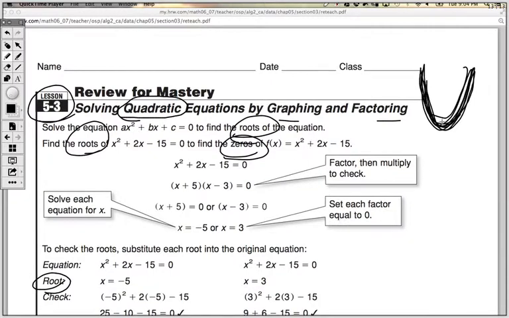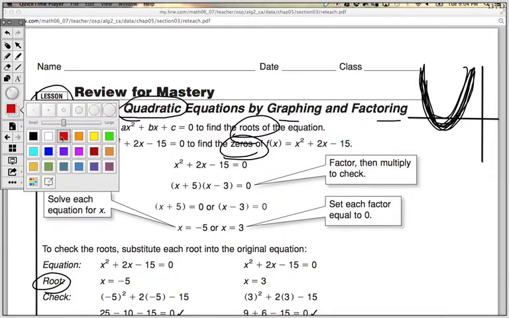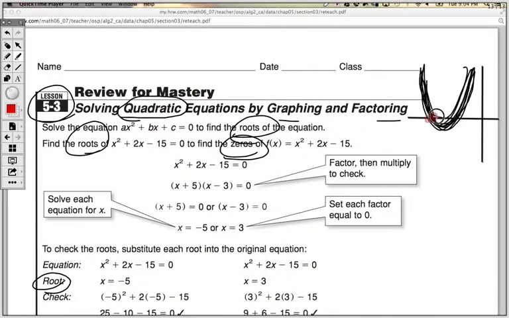What does that mean? What that really means is, let's say we got a graph like this. The pieces that we're talking about are these pieces right here and right here. Those are the x-intercepts, another word that means the same thing.